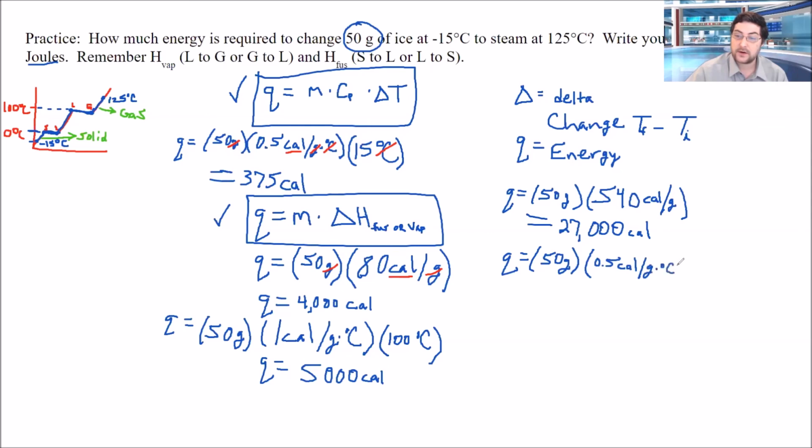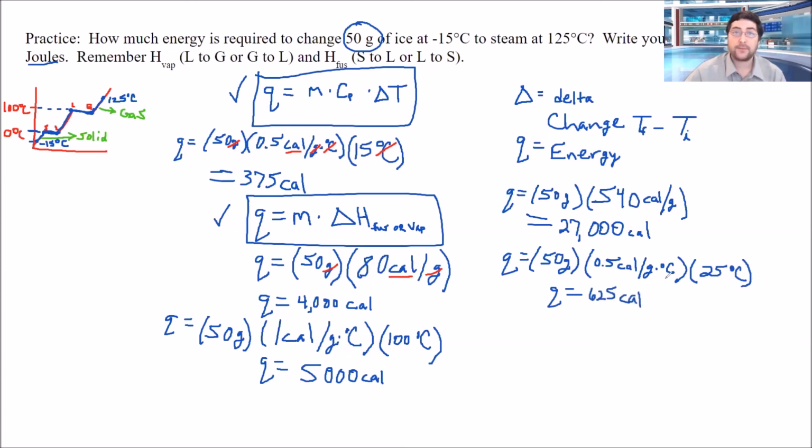So we'll put that in here. And then finally, our delta T, final minus initial. So we're going to go from 125 degrees Celsius as our final stopping point, minus 100 degrees Celsius as our initial point. So that means it's a 25 degrees Celsius difference there. Okay, so then we'll just plug that into our calculator. And we get 625 calories.